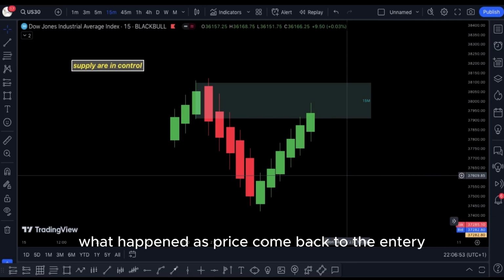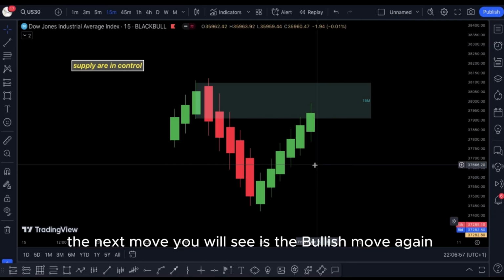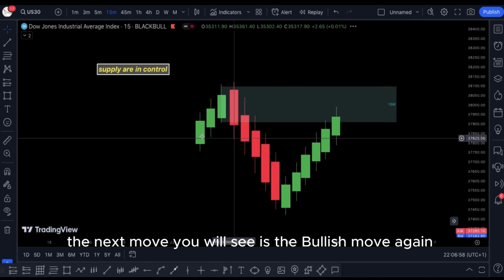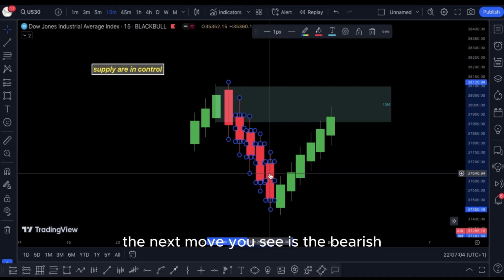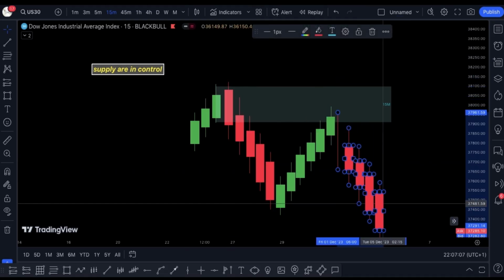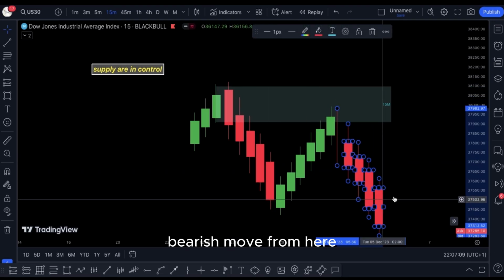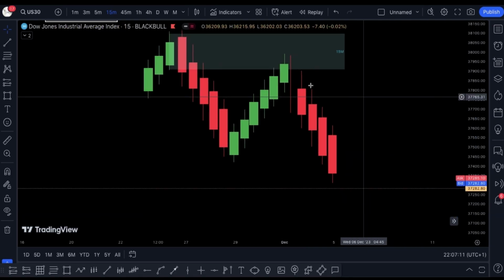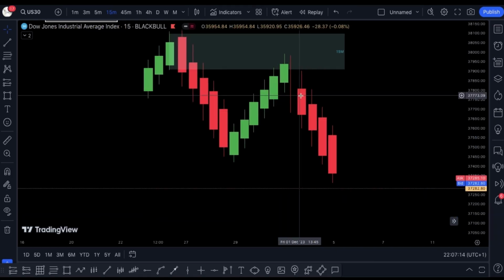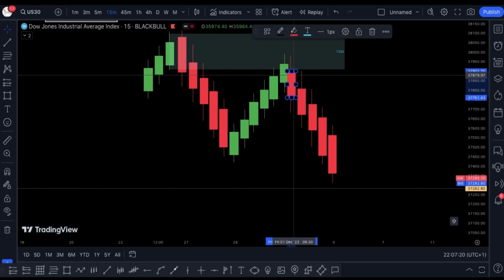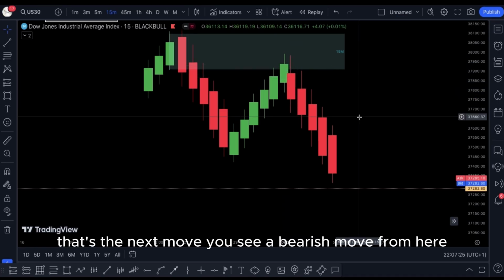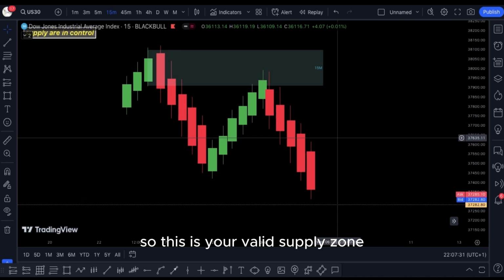As price comes back to the entry of supply, the next move you will see is the bearish move again, a bearish move from here. So this is a valid supply zone.